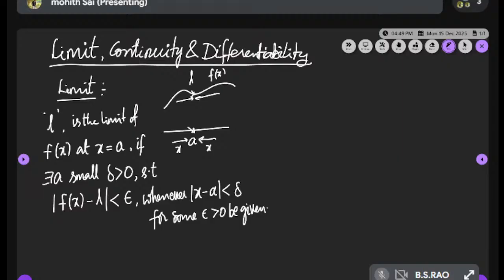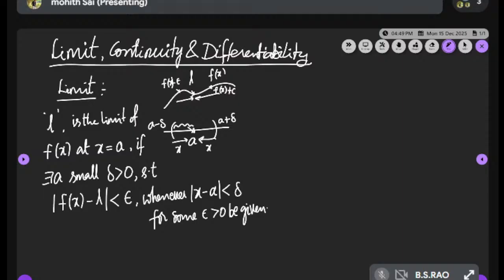What is the meaning of it? Here this is a minus del, this is a plus del, very near. Whenever the difference is small, this is f of x minus epsilon and this one is f of x plus epsilon.